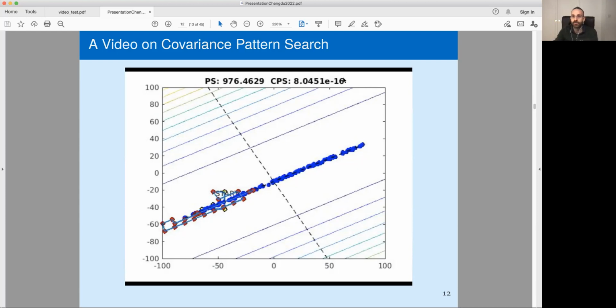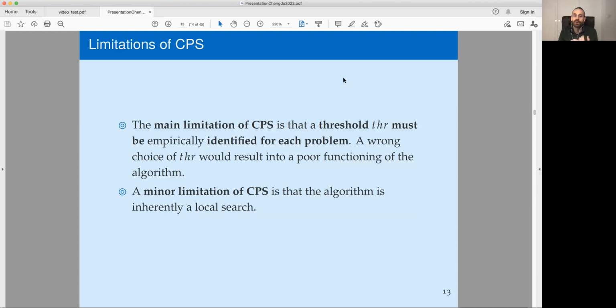But this is somewhat a long premise that I'm making today, because I'm going now to criticize myself and this algorithm which was built up a couple of years ago. And what are the limitations? At first, the biggest limitation is that we need some empirical considerations to identify for each problem a specific threshold.